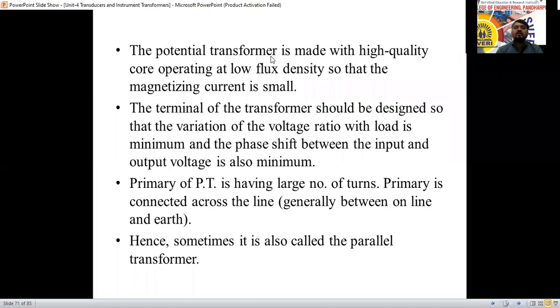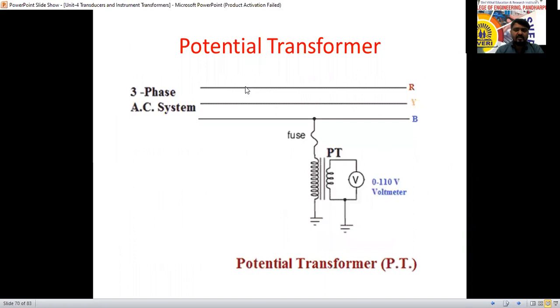The potential transformer is made with a high quality core operating at low flux density. I will check this diagram here. See here, it is also called a parallel transformer. Compared with the current transformer, where the conductor itself acted as the primary winding, here the primary winding is connected line with respect to ground.